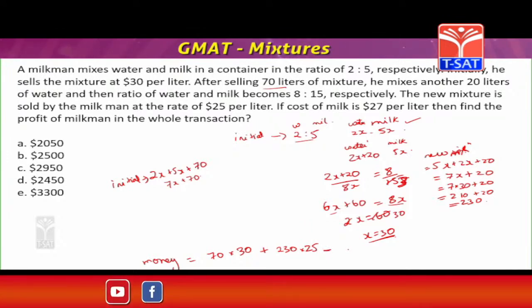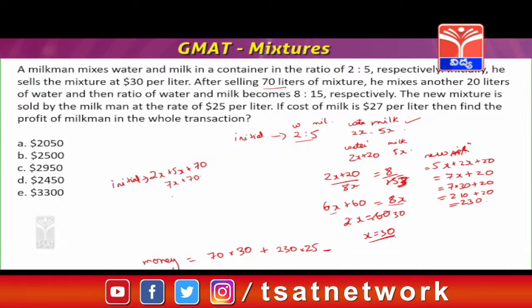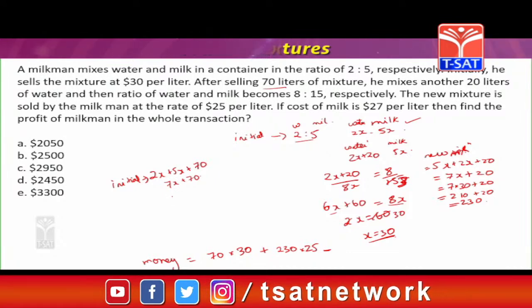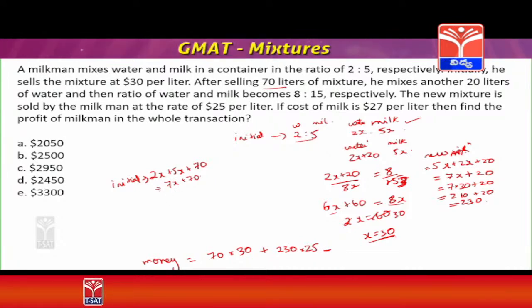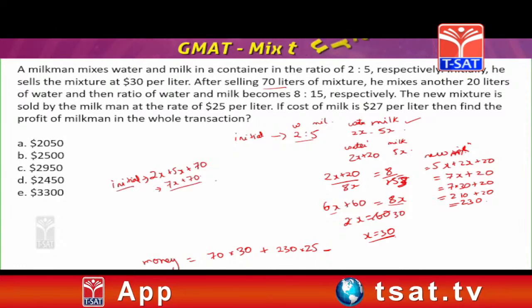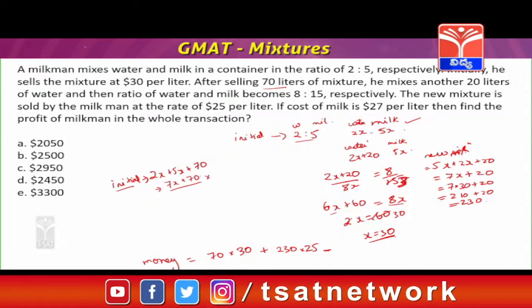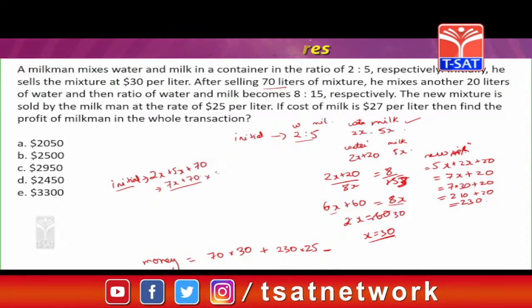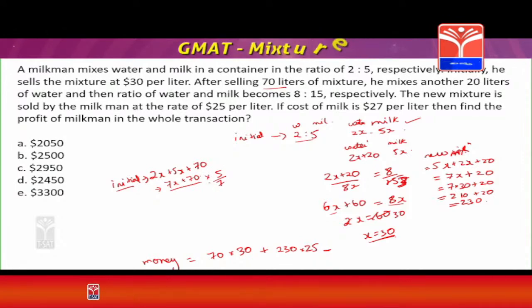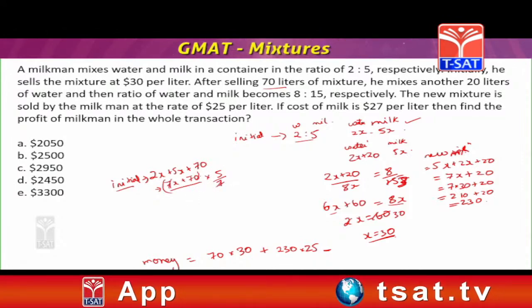He had to pay $27 per liter, and the total initial amount is 7x plus 70. The ratio will still remain the same, so the milk is 5 divided by 7 times (7x plus 70), where the 7 gets cancelled.